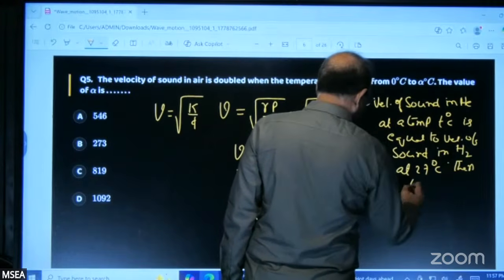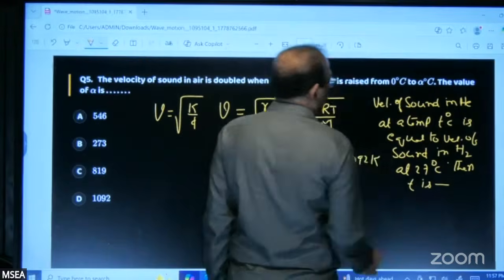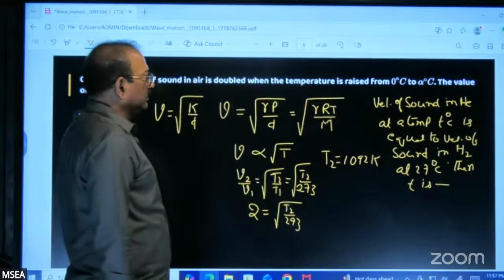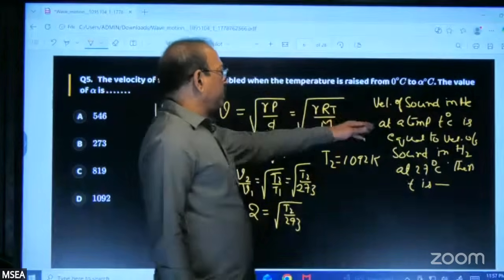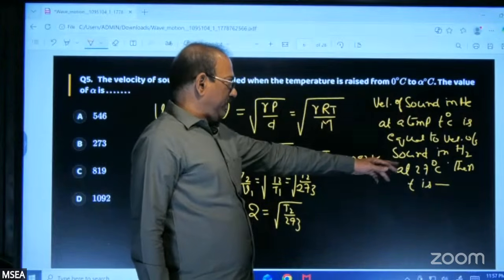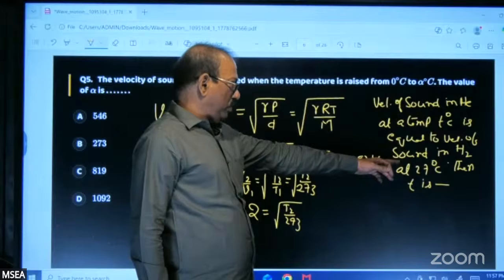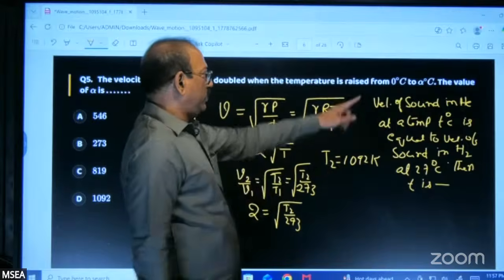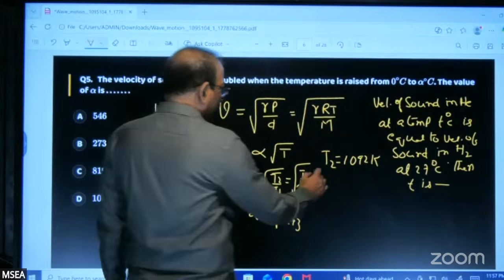Then T is asked. The helium temperature is being asked.